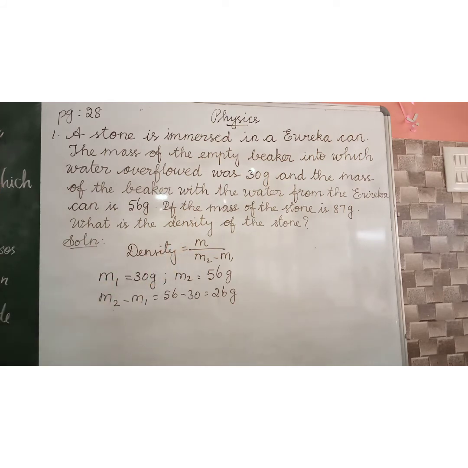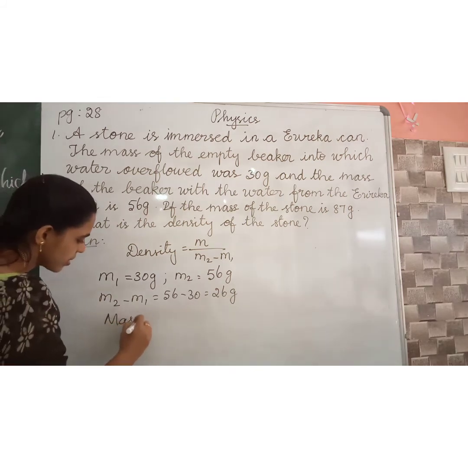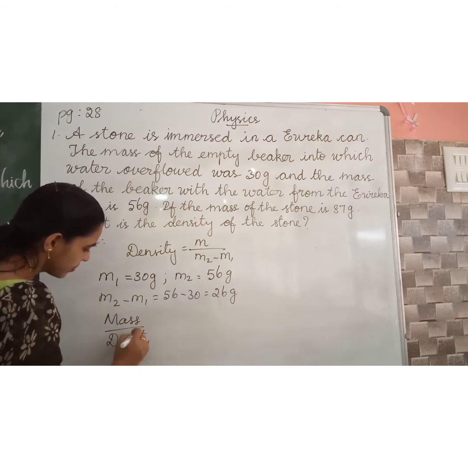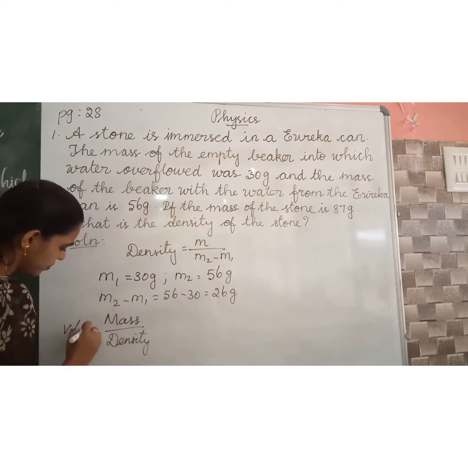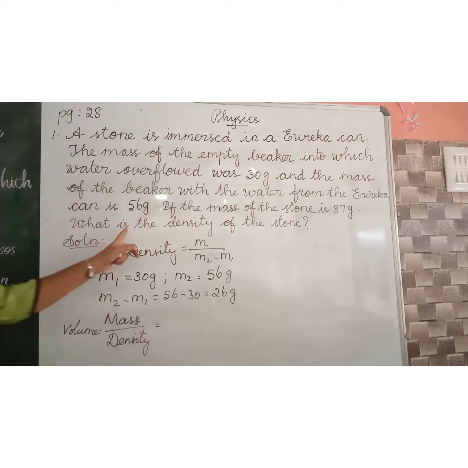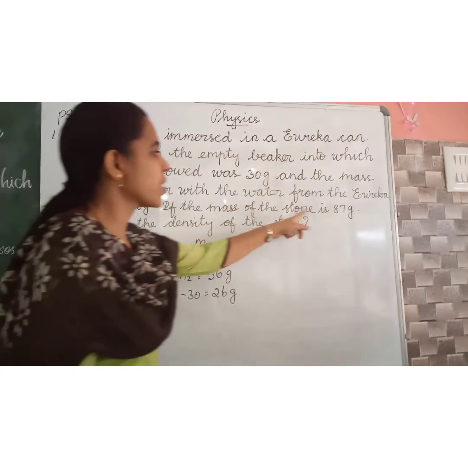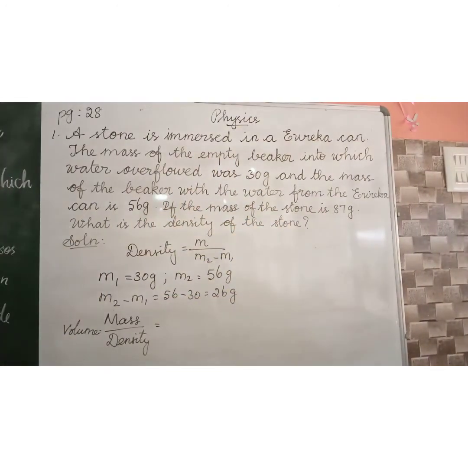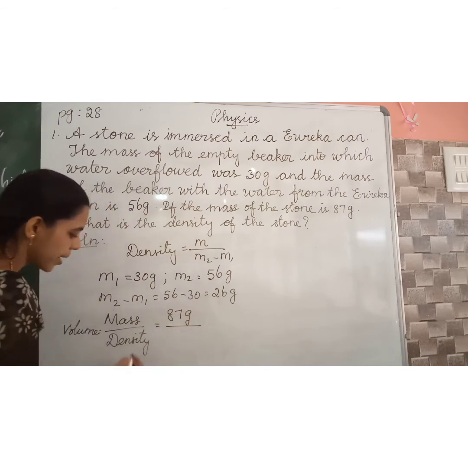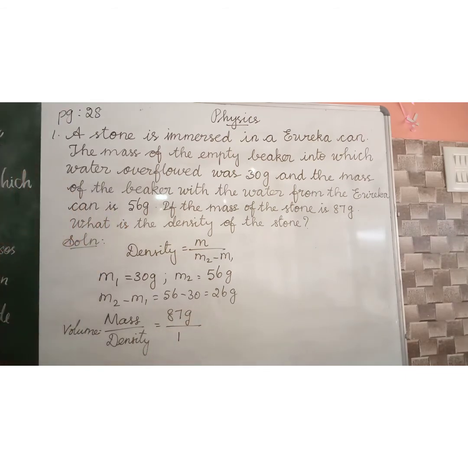We know the formula: volume is equal to mass by density. This is the volume. Same here, if the mass of the stone is 87 gram, then mass is equal to 87 gram divided by 1, where 1 is the density of water.